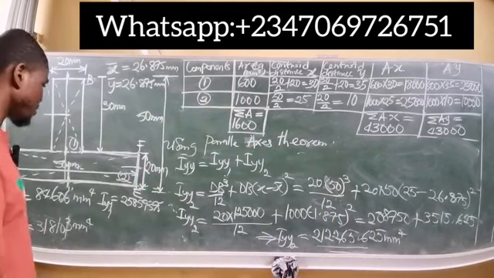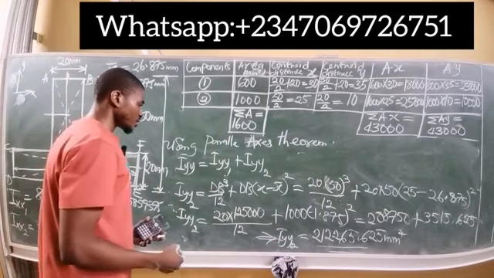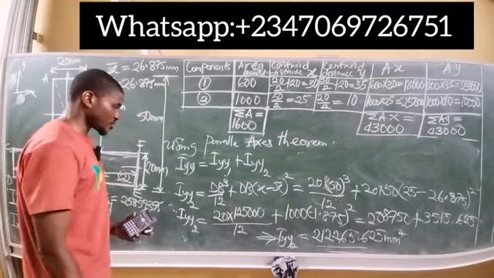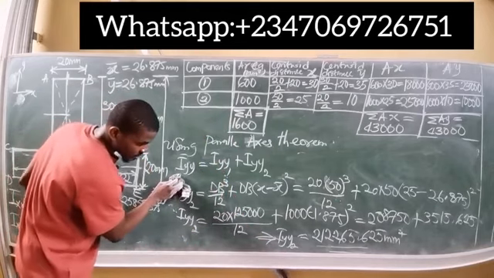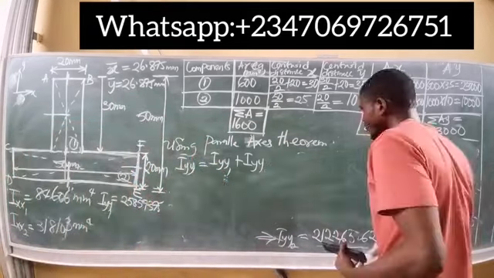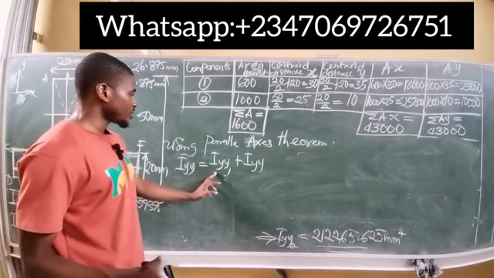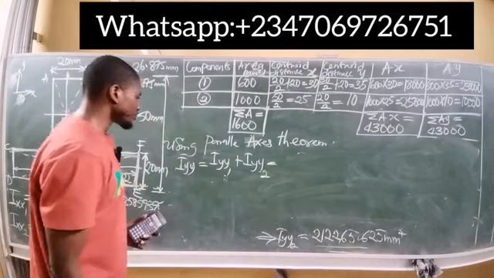And of course, if you add these two moments of inertia together, it will give you the moment of inertia in the y-axis using the parallel axis theorem. So let's do that now. I'm going to wipe here. From the parallel axis theorem, Iyy is simply Iyy1 plus Iyy2, and we've obtained these values.